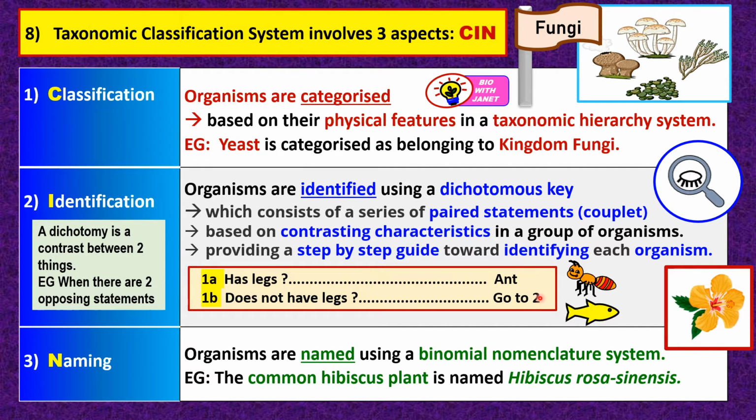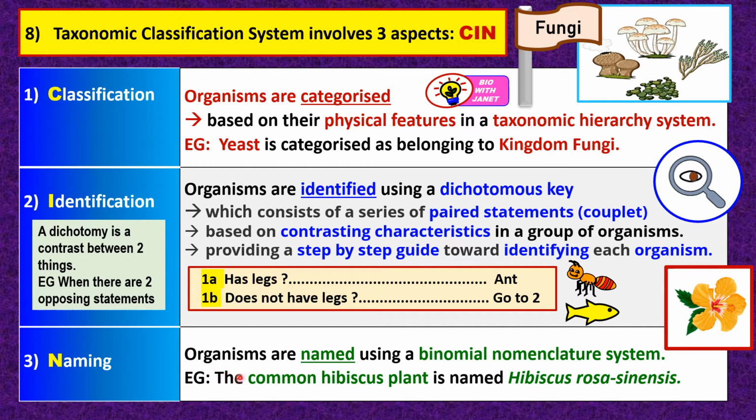When you go to number 2, it will be another couplet, or paired statement, that is contrasting. For example, has scales, and has no scales. Has scales is the fish, and has no scales, go to 3, is the earthworm. Right.